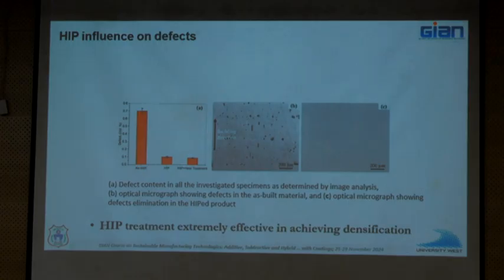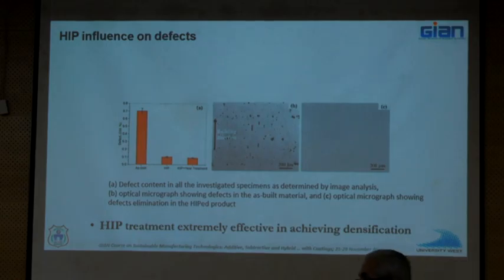This is another example of how HIPping can very nicely get rid of defects, right? As it is, if you do your AM well, there is not so much porosity, right? I mean, this is an expanded scale, we are only talking about 0.7 volume percent defects. That's not much, but that depends upon what the application is.